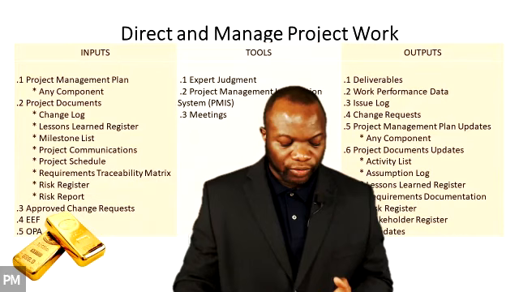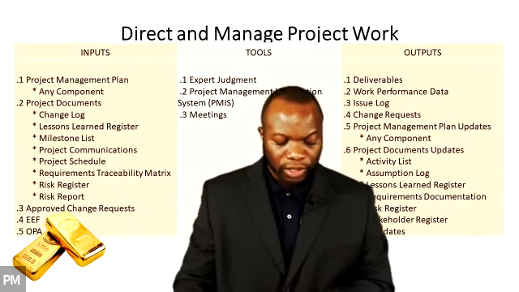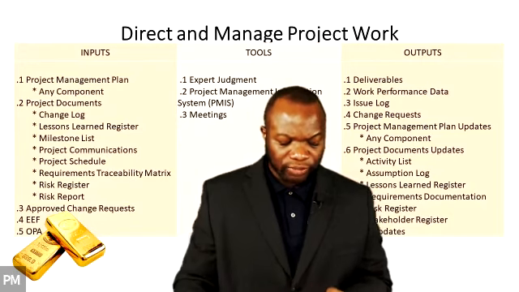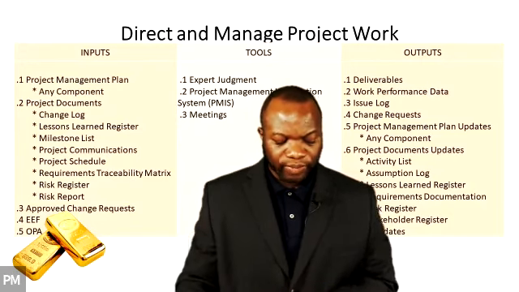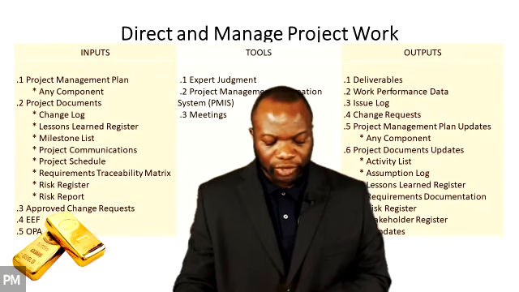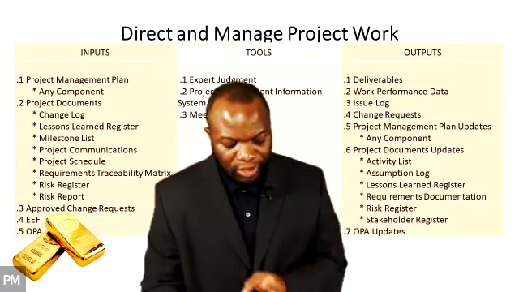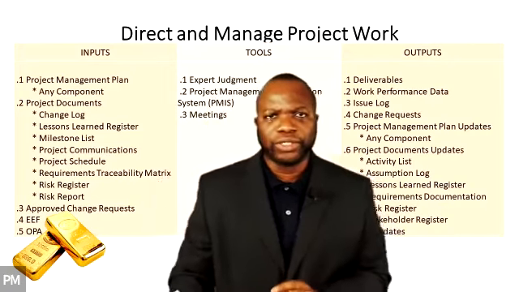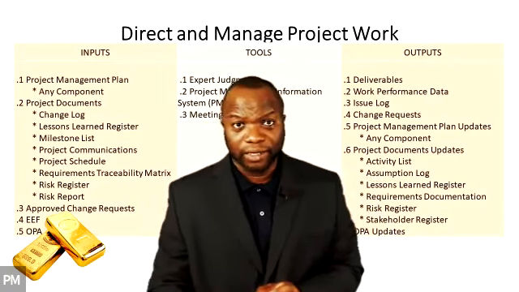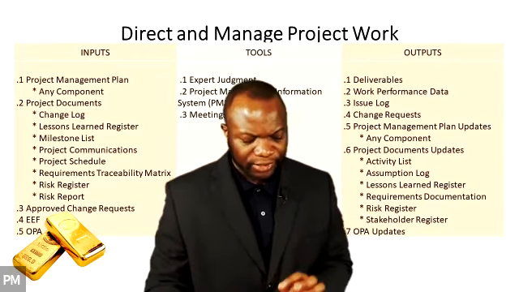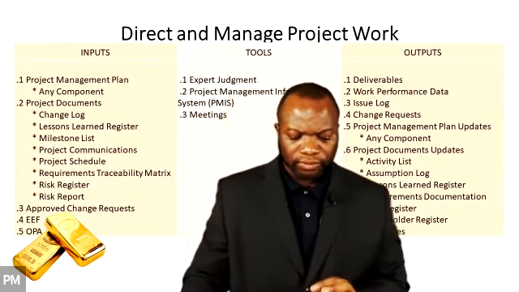The issue log is created for the first time as an output of this process, although issues may happen at any time during the project. The issue log is updated as a result of the monitoring and controlling activities throughout the project's lifecycle. As you are monitoring and controlling the project, you're getting a better understanding of issues. This is on page 96.